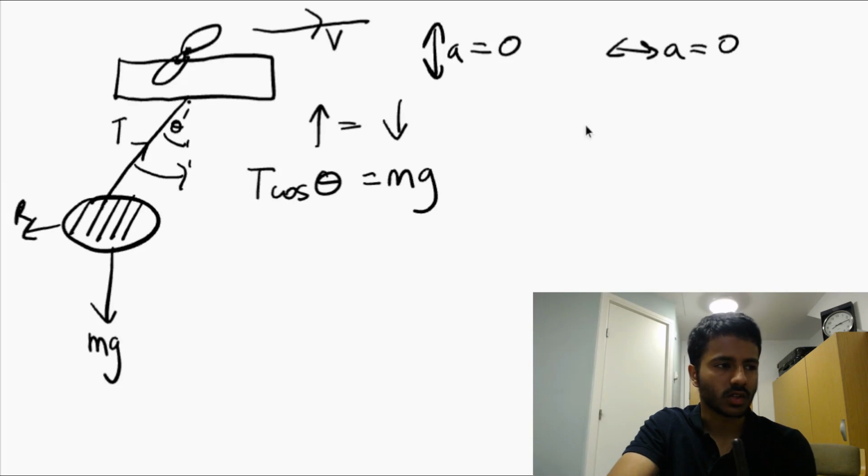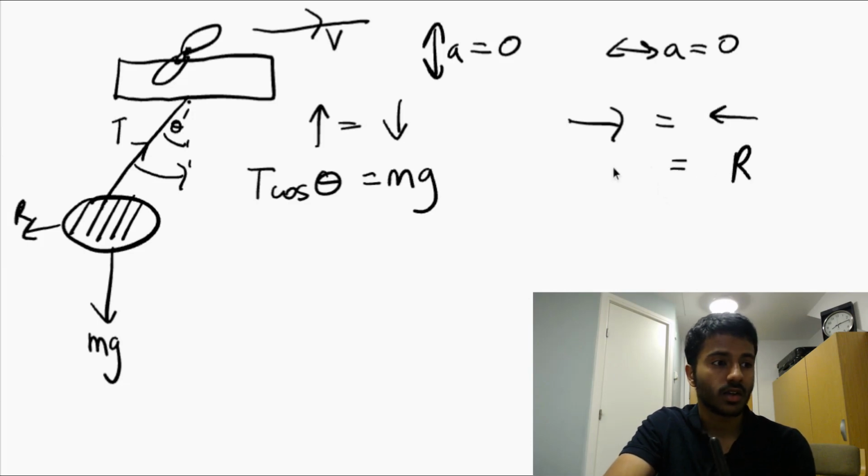If we look at the horizontal direction, we need all the forces acting towards the right to equal all the forces acting towards the left. The force acting towards the left is just the resistive force, air resistance. And towards the right, we resolve the tension force through the angle to find its horizontal component, which is T sine theta.